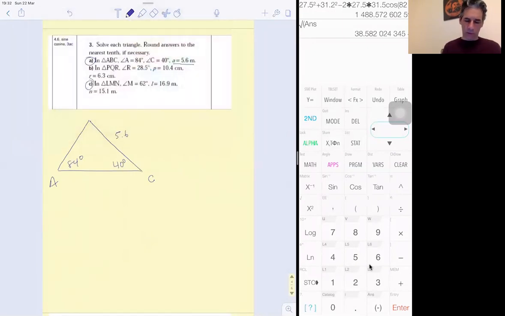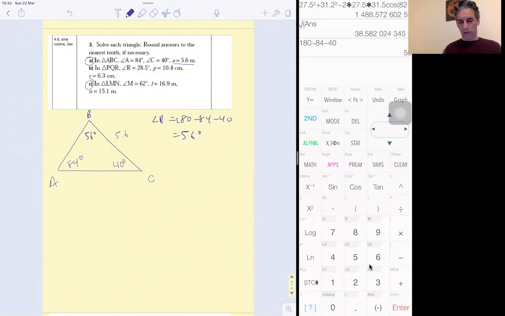Okay, well, we've got 2 angles, and this must be B up here. We can get angle B by 180 minus 84 minus 40, which gives us 56 degrees.